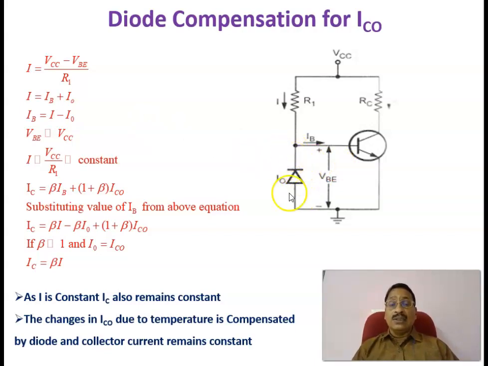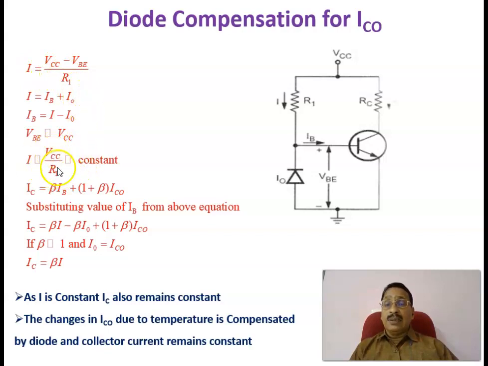So I0 plus IB equals I, or IB equals I minus I0. Here VBE will be much less compared to VCC. VBE might be 0.7 in the case of silicon or 0.2 in the case of germanium. That will be very small compared to VCC. So we can neglect VBE in this equation, and I equals VCC divided by R1.